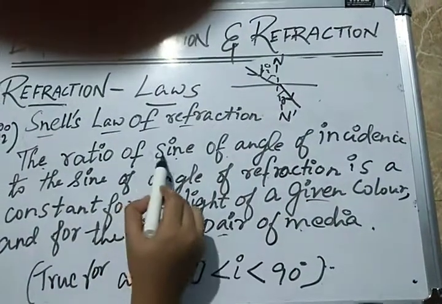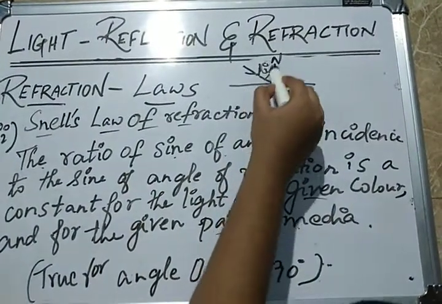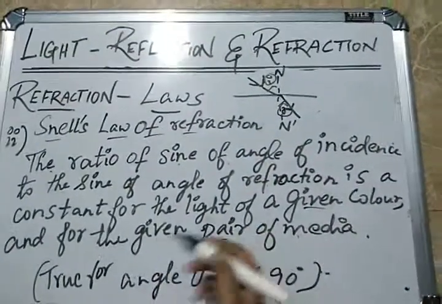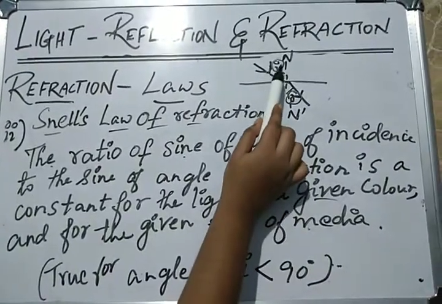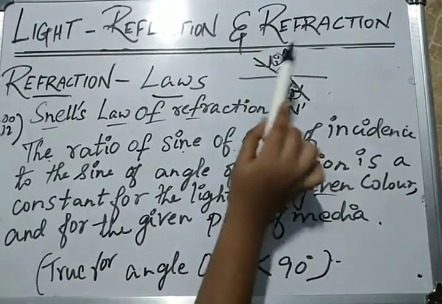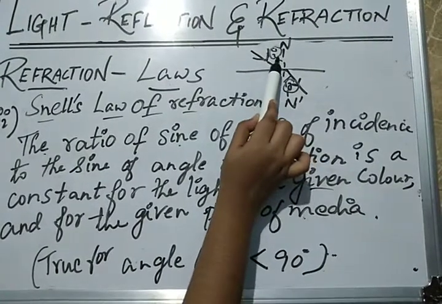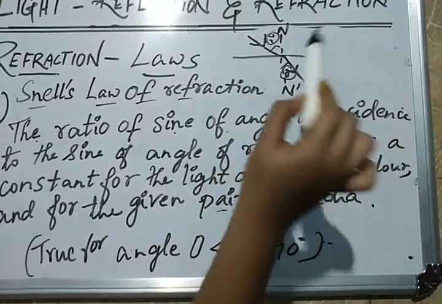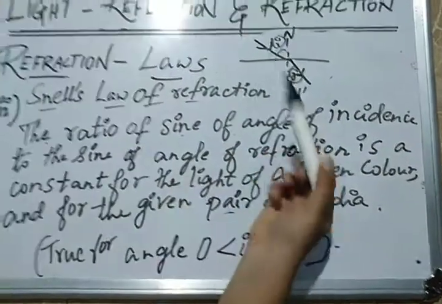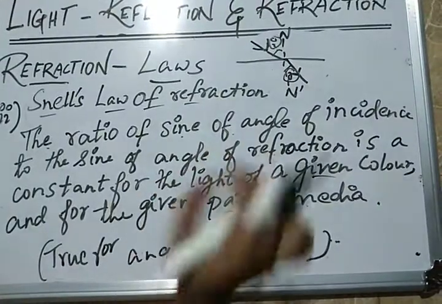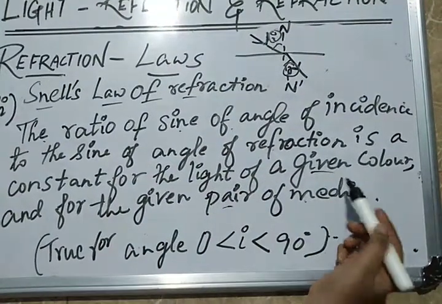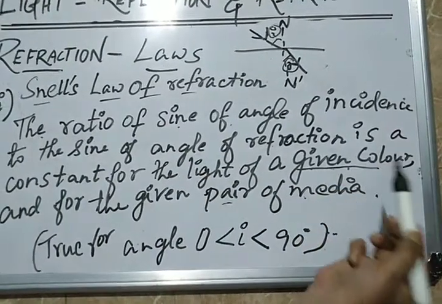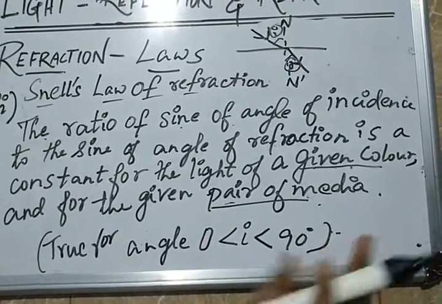The ratio of the sine of this angle and the sine of this angle is a constant, for light of a given color and for a given pair of media.